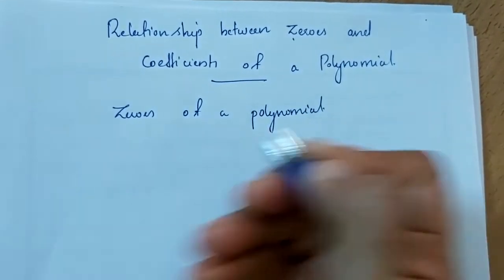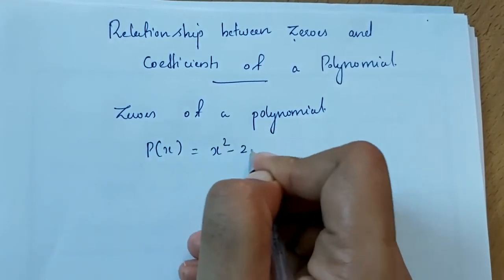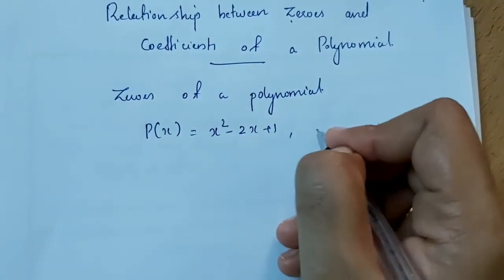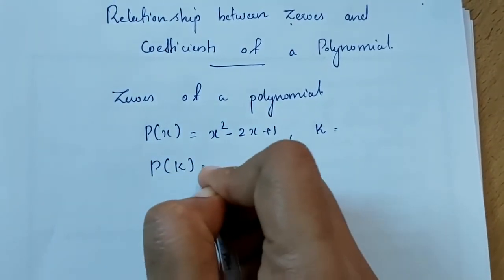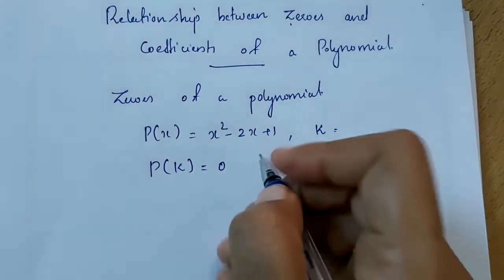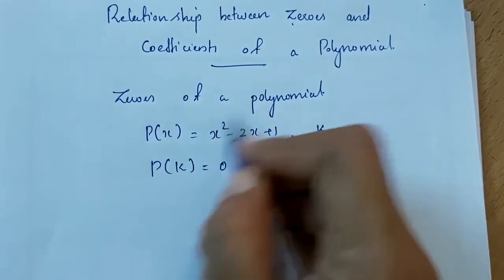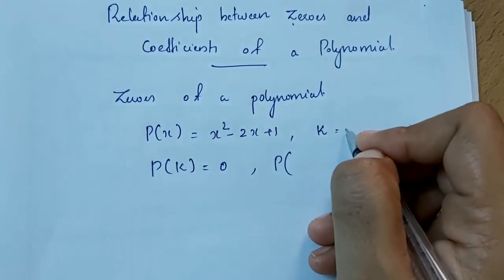Consider a polynomial p of x equal to x square minus 2x plus 1. Then there is a value k where p of k equals 0. That is, we are placing the value k in this polynomial. Consider the value of k equal to 1.